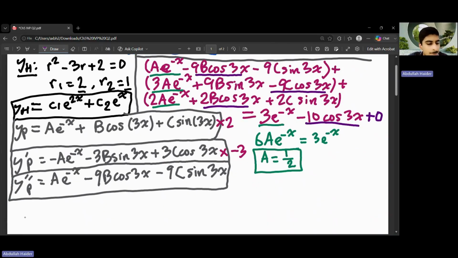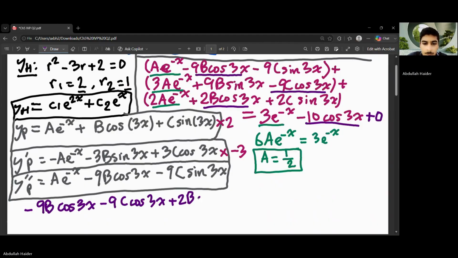You will actually get a system of equations for b and c. So minus 9b cosine 3x minus 9c cosine 3x plus 2b cosine 3x is equal to negative 10 cosine 3x.